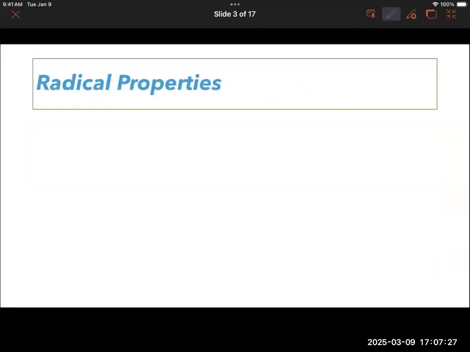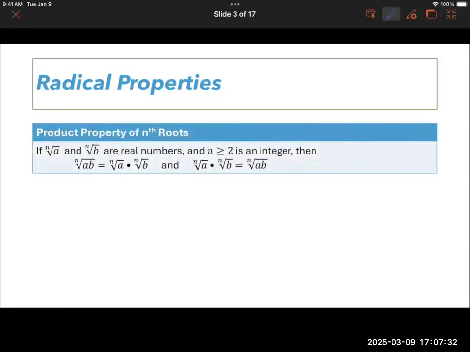Okay. Some properties that you need to know in order to simplify things. There's the product property of nth roots. So if you're taking the nth root of A and the nth root of B, and those are real numbers, and you're talking about an n value that is greater than or equal to 2 and is an integer, then we know that taking the nth root of a product is the same as taking the nth root of each factor separately and multiplying that together.